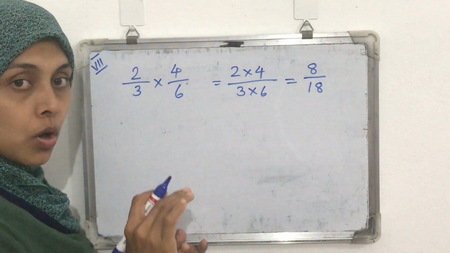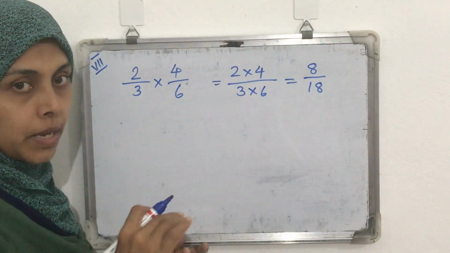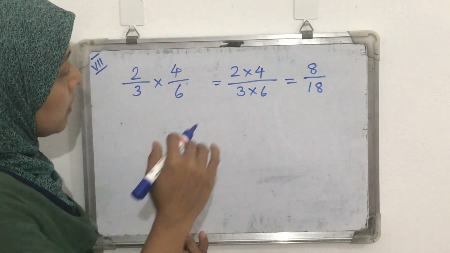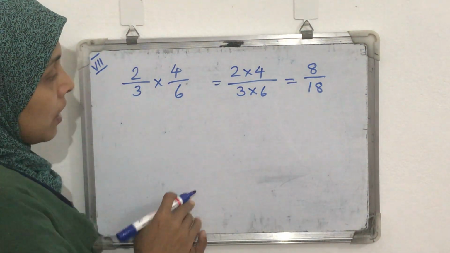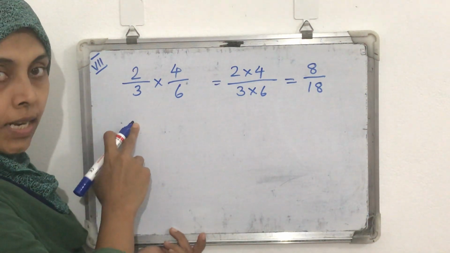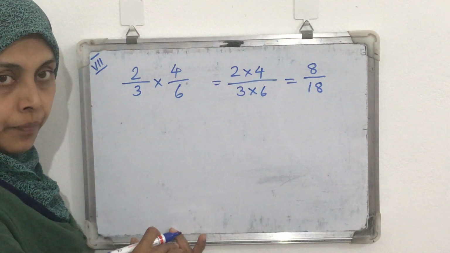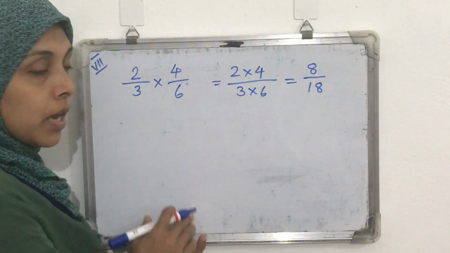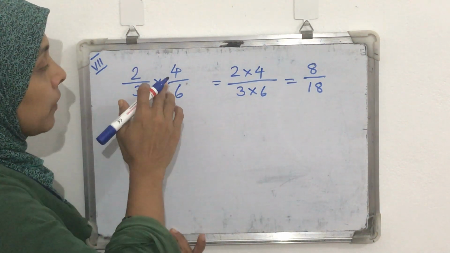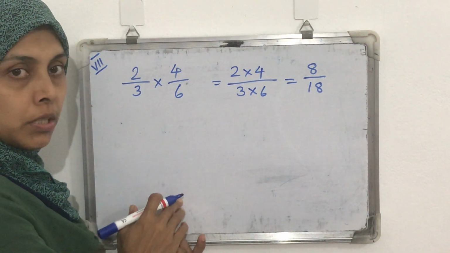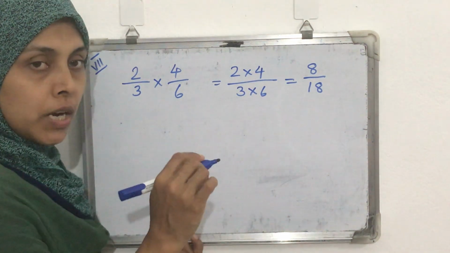Now that is the rule of multiplication of a fraction by another. Here we can use a simpler form for easy calculation. From the starting itself we can make the fractions in simplest form. How can we find the simplest form? If there are any common factors in the numerator and denominator, we know the lowest form of the fraction.